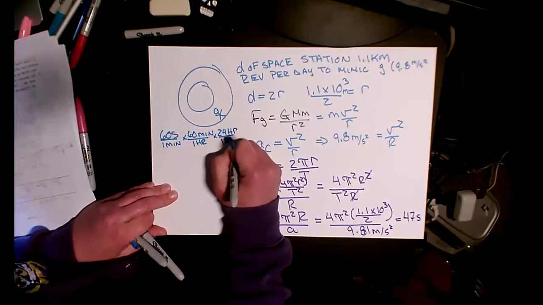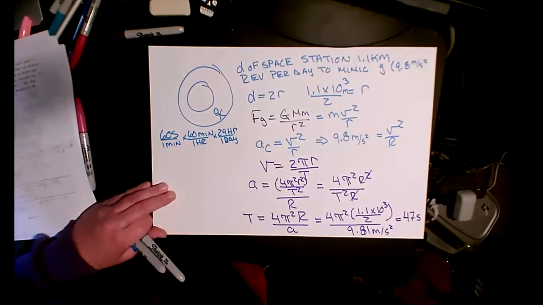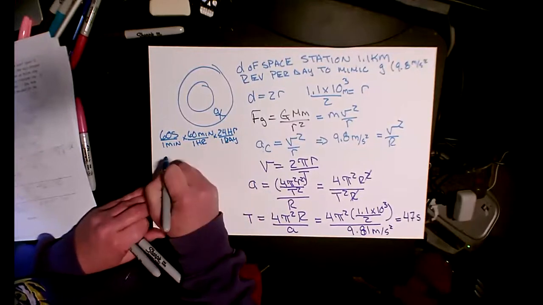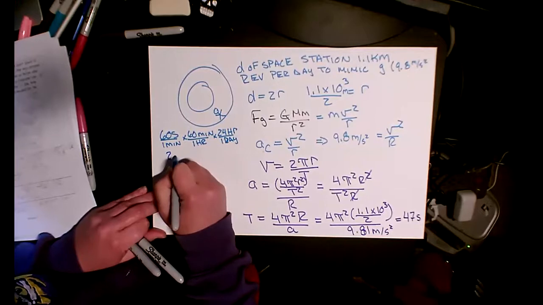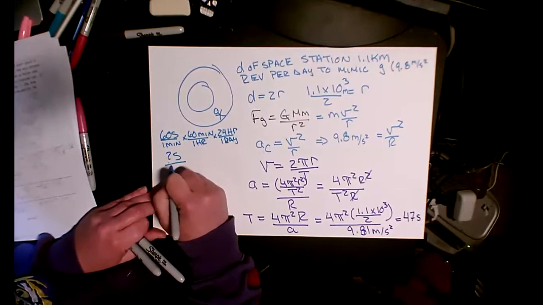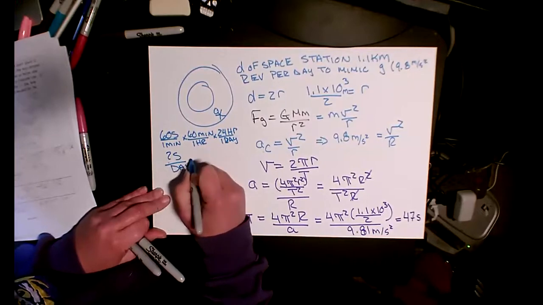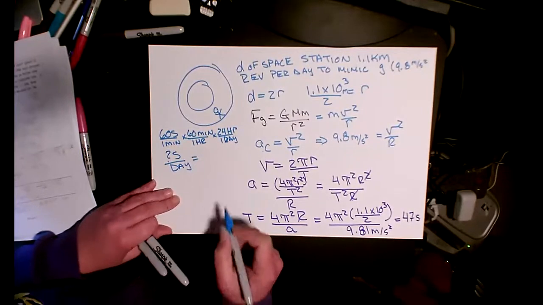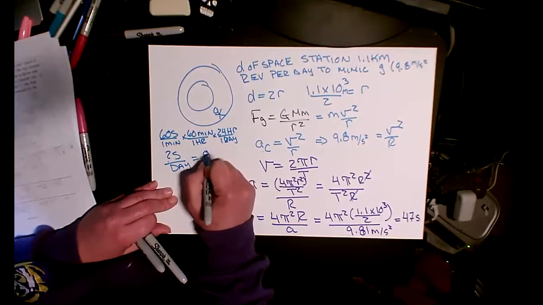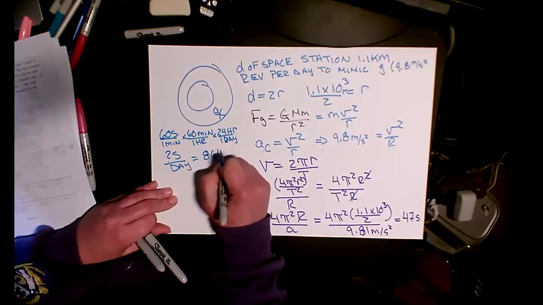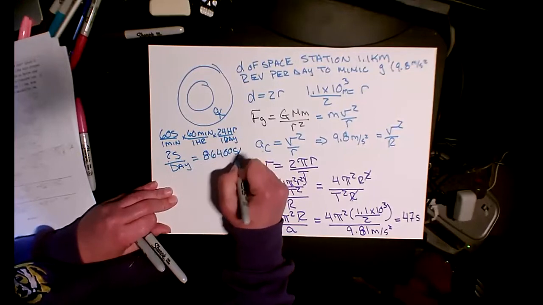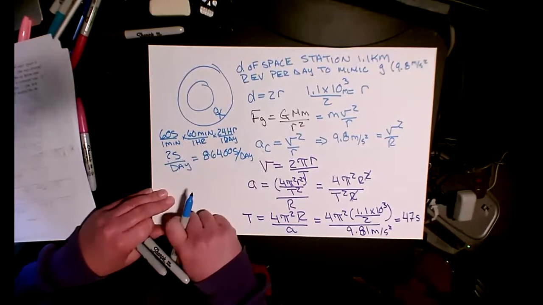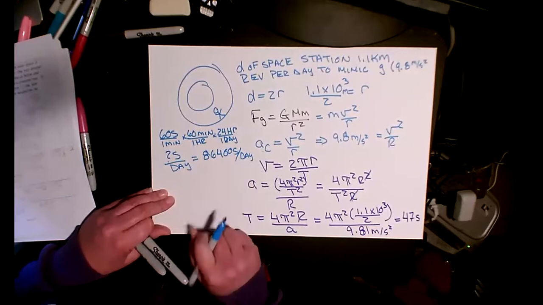I crunch all those things out, and what I'm actually answering is how many seconds in 1 day. Or I type into Google, how many seconds in 1 day? And Google tells me that there are 86,400 seconds in a day. I get the same thing.